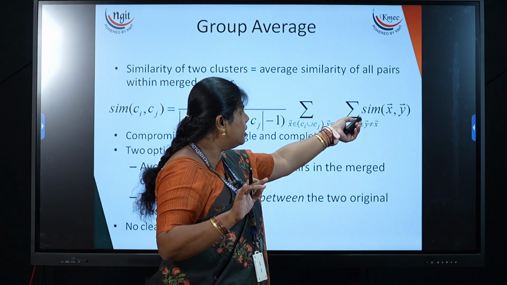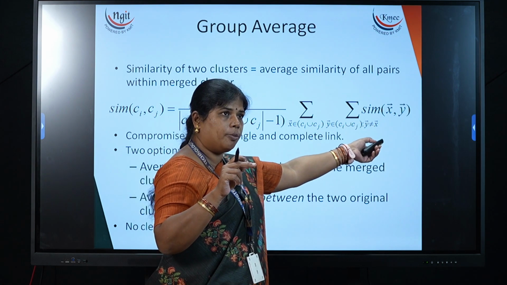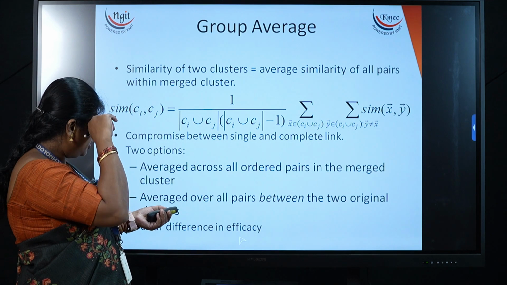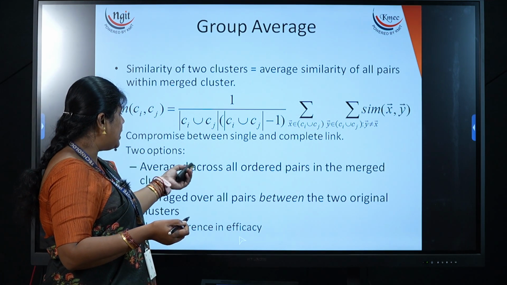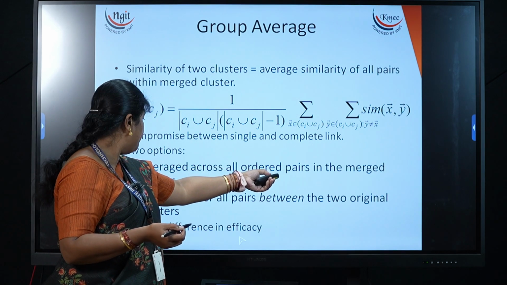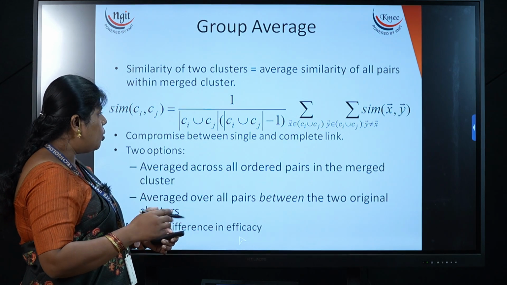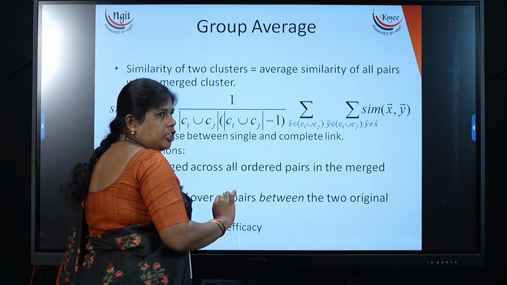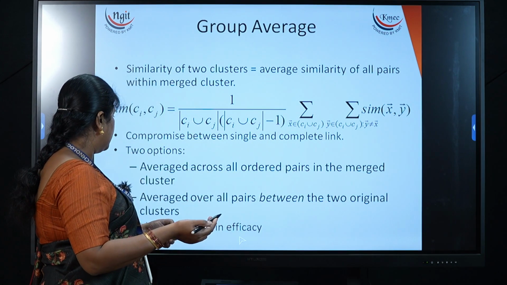First I will find the summation of the similarity measure of these two documents, and again the outer summation. So what is happening here? You are averaging over all ordered pairs again in the merged clusters. The original clusters are averaged here, and after performing the merging you are again doing the averaging.